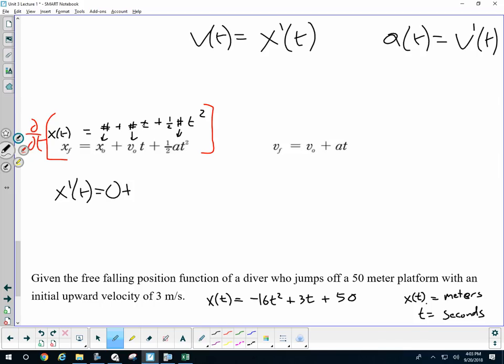What's the derivative of a number times t? The number. The number here is v naught. Then 1/2 a number t squared. Take that 2, multiply it by the 1/2, subtract the 1. You're just left with the a and the t. Oh, it's that guy right there. Seemingly it came out as the instantaneous rate of change of position.